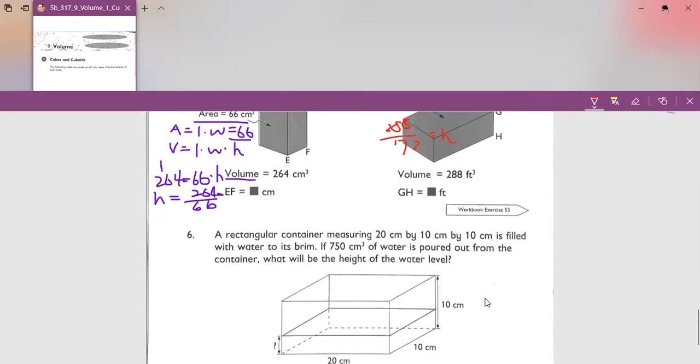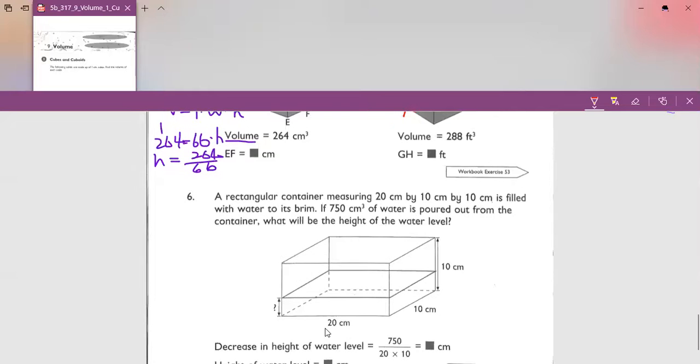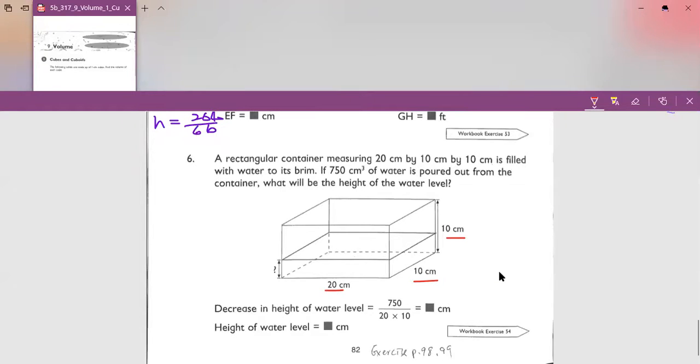A rectangular container measuring 20 centimeters by 10 centimeters by 10 centimeters is filled with water to its brim. If 750 centimeters squared of water is poured out from the container, what will be the height of the water level? Okay, very good. Excellent. All right, so from here, we're going to try this one together, okay?